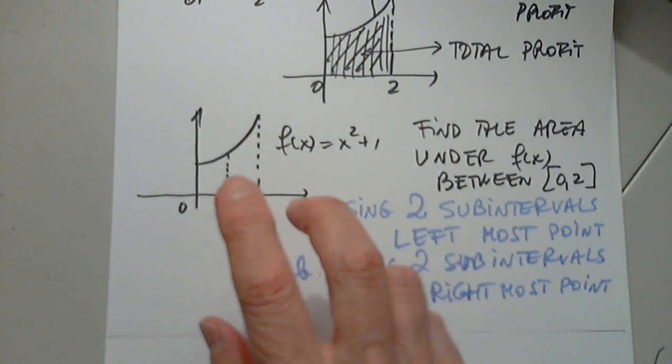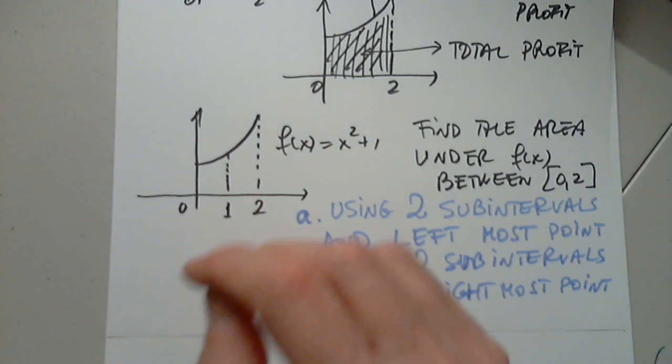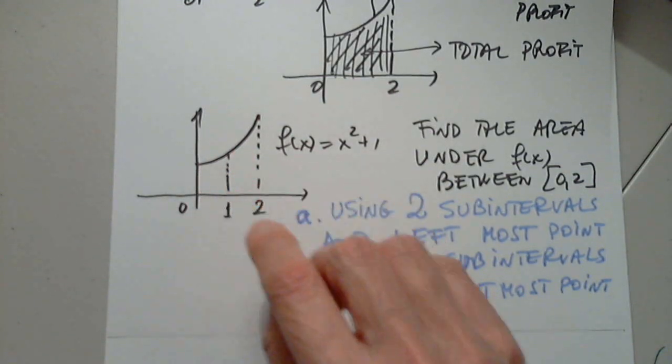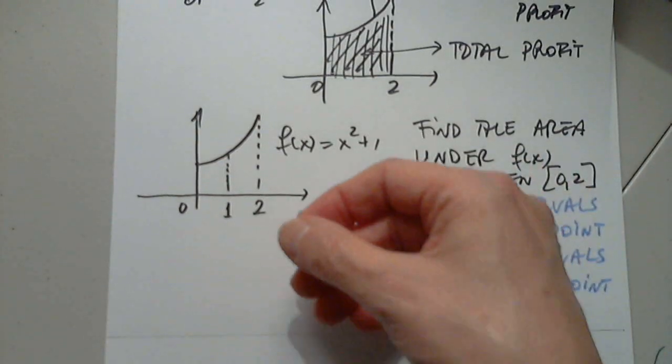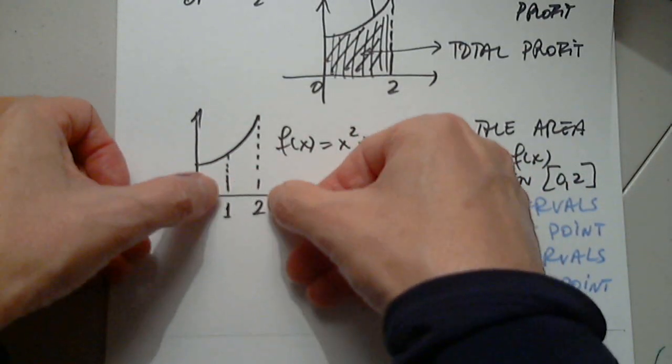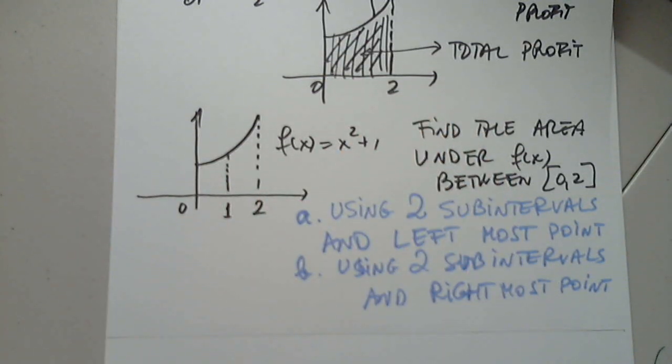Okay. So the interval is 0, 2. I am going to approximate these areas using 2 subintervals between 0 and 1 and 1 and 2, and using rectangles.